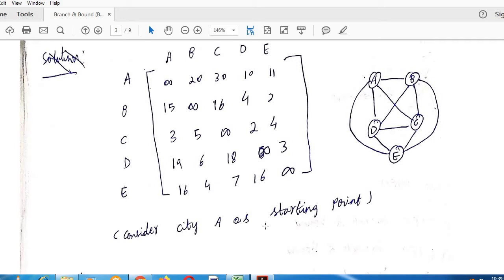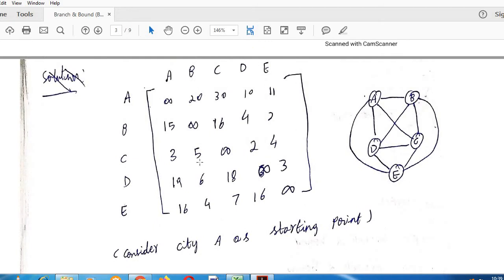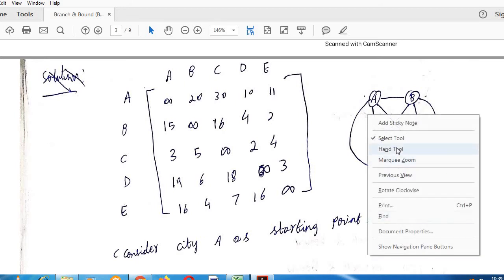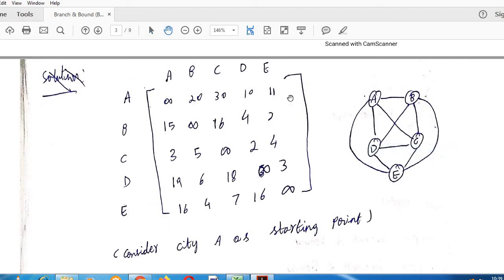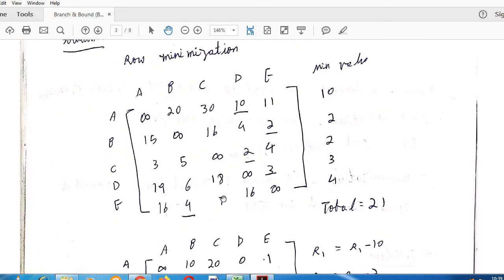Once the cost adjacency matrix is given, first you have to perform row minimization on this particular cost adjacency matrix. Let us have a look at what actually row minimization is.